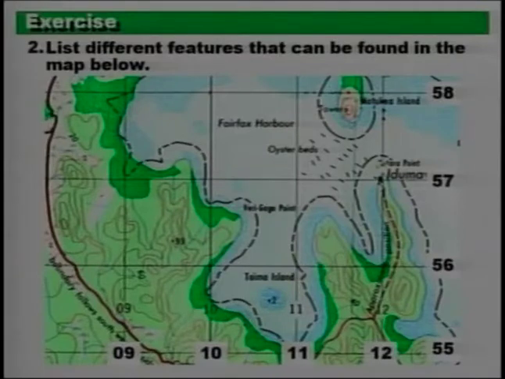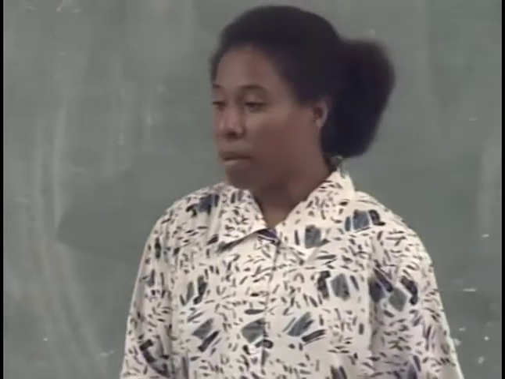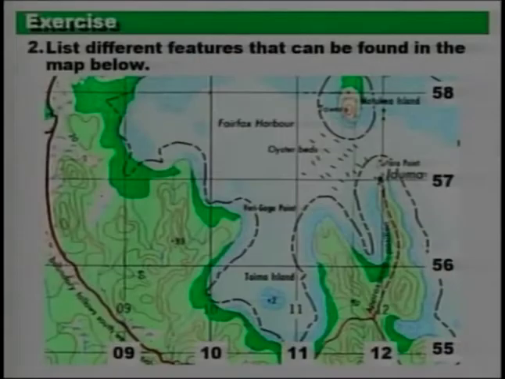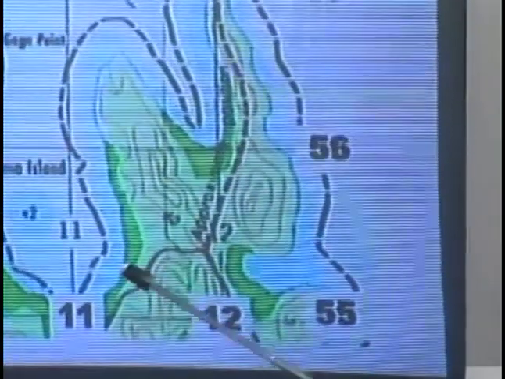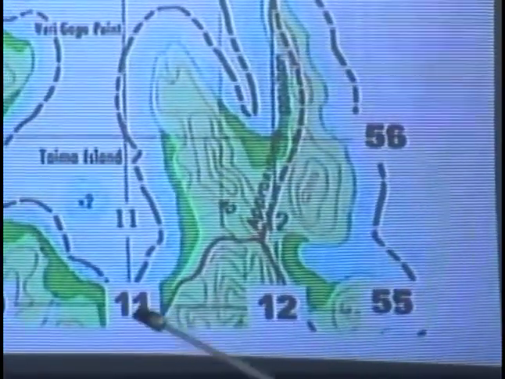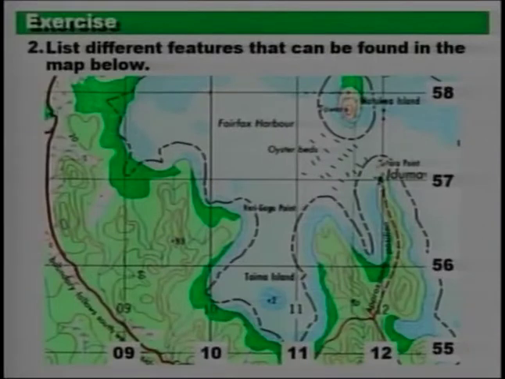Okay, this time let's move over to the map of Port Moresby. For the map of Port Moresby, I'm going to ask you to do this for your homework. I'd like you to concentrate mainly on the grid lines, eastings first of all, 09 to 13. So concentrate on the grid lines 09, 10, 11, 12 to 13.